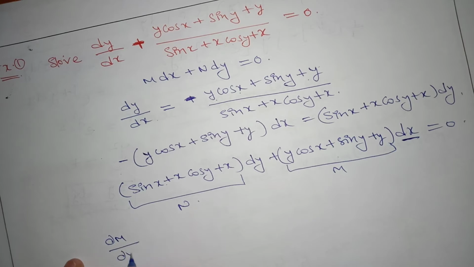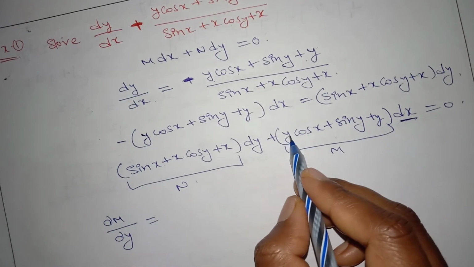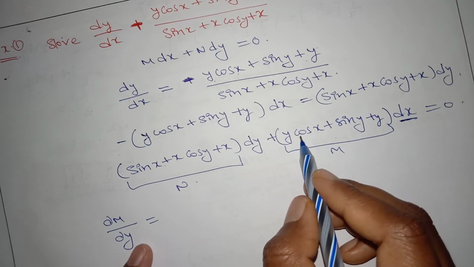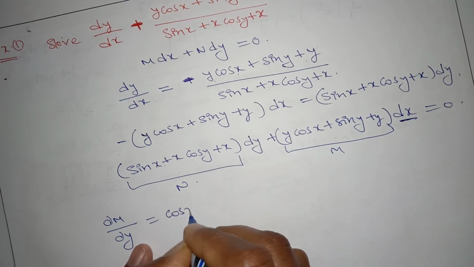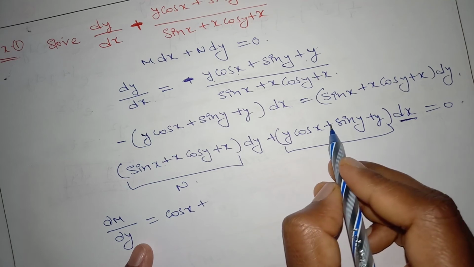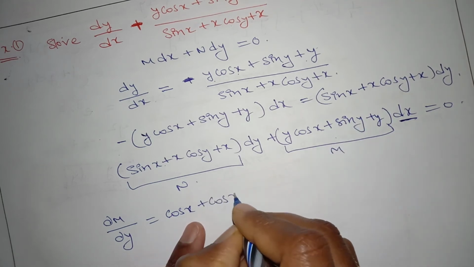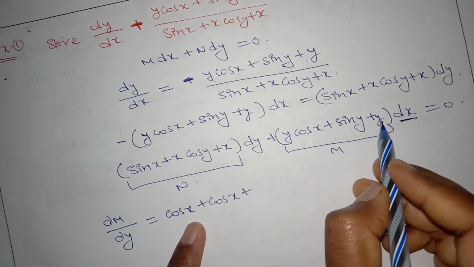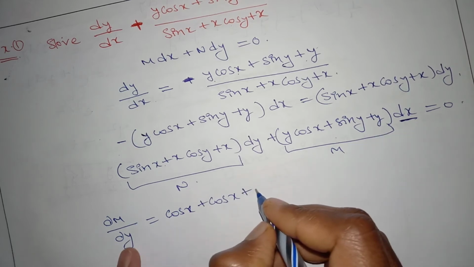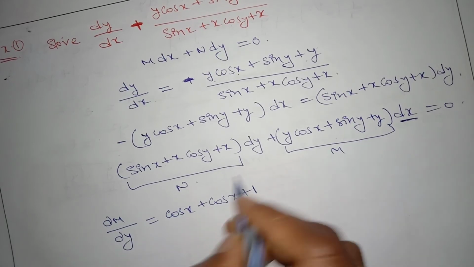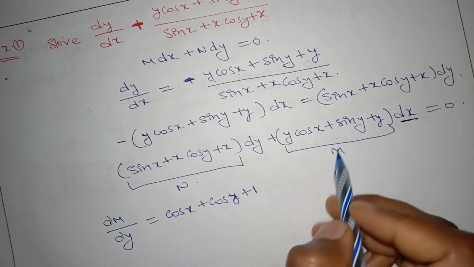Dou M by dou y: differentiate with respect to y. Differentiation of y cos x is cos x, plus differentiation of sin y is cos y, plus differentiation of y with respect to y is 1. So it is cos x plus cos y plus 1.